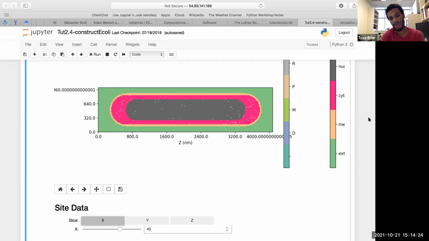So it sometimes can be harder to determine if something is going wrong in your system. For example, if you're running molecular dynamics and you see the system explode, you know something's going wrong. So this is a nice built-in functionality of Lattice Microbes and its implementation to be able to see actual spatial representations of your simulation.